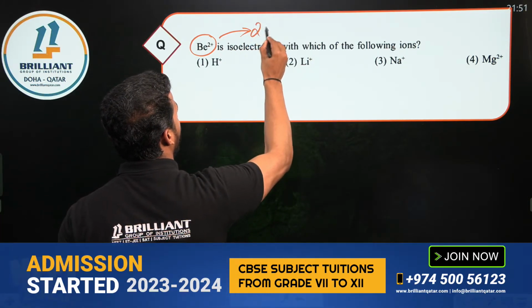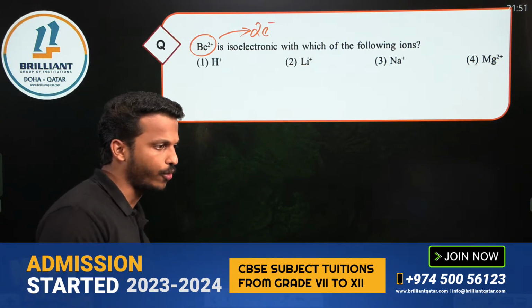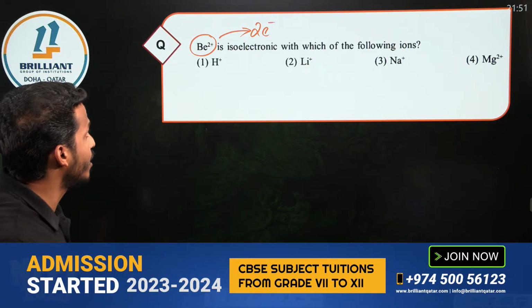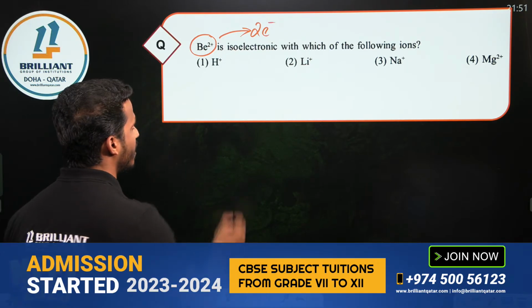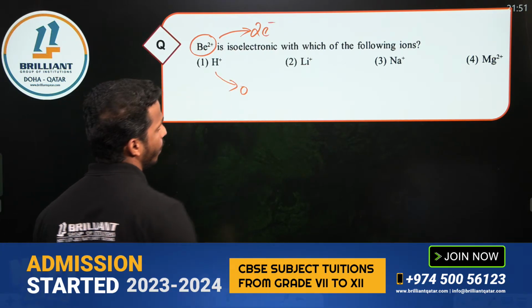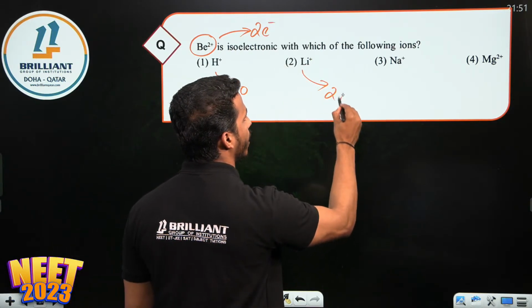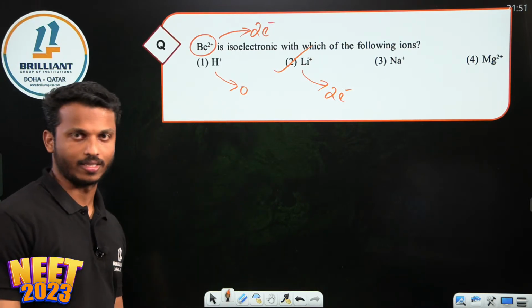So which one has a 2 electron system? Come on, fast all of you, easy. Which is isoelectronic? Hydrogen has 1 electron, hydrogen plus indicates no electron, 0. Lithium, atomic number 3, from which 1 electron is lost, yes, 2 electrons. So what is the answer, dear all? Lithium plus, right? Option 2 is the correct answer.